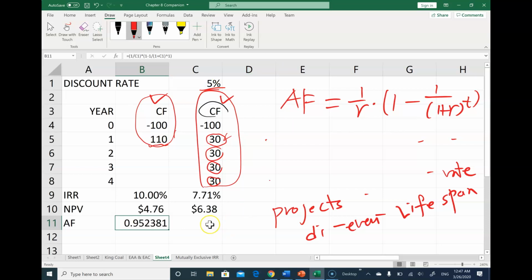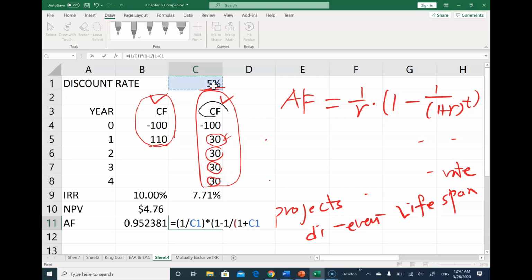And in case of the 4-year project, the annuity factor is 1 over the discount rate times 1 minus 1 over 1 plus the discount rate to the power of 4. So this is 4-year annuity factor, right?